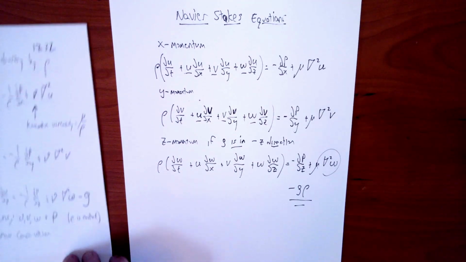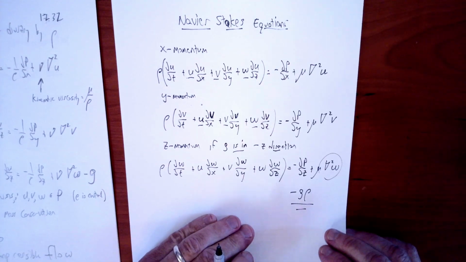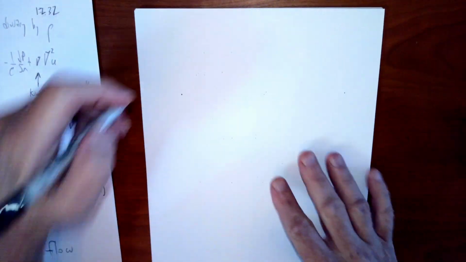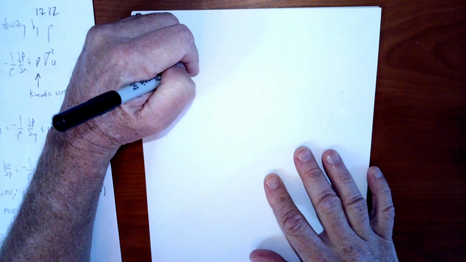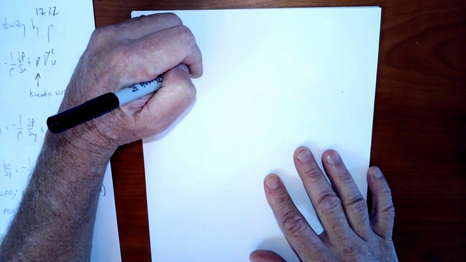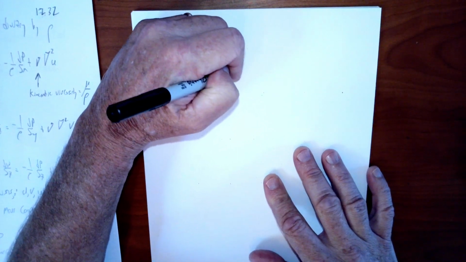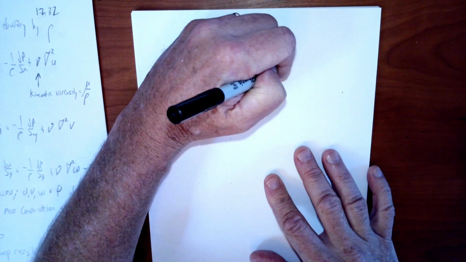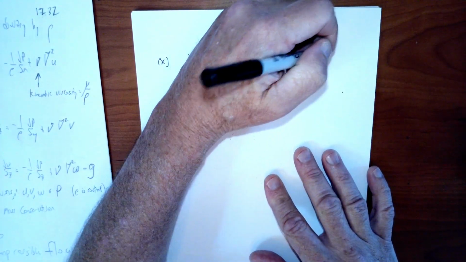They are often written by dividing by rho, so you're going to see a lot of that. So I will rewrite them all with rho divided. It's kind of silly in a way, but we'll do it anyway. So we have du/dt plus u du/dx plus v du/dy plus w du/dz equals minus 1 over rho dp/dx, because the rho came out.